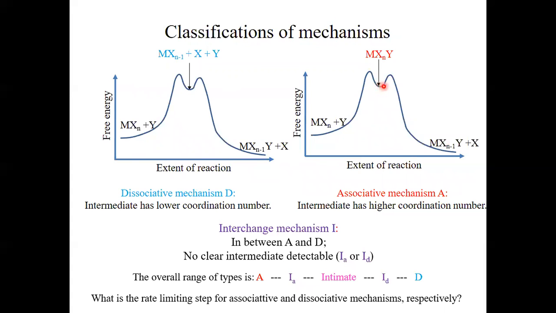And after that, we only need a little bit more energy in order to lose our ligand and to form the product. So now we can use this property in order to distinguish between D, ID and A, IA.